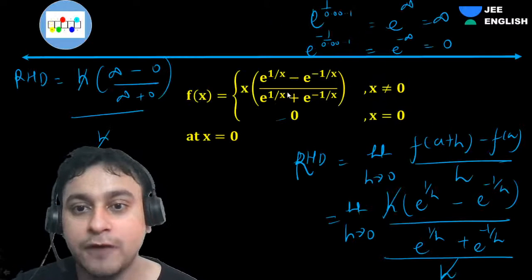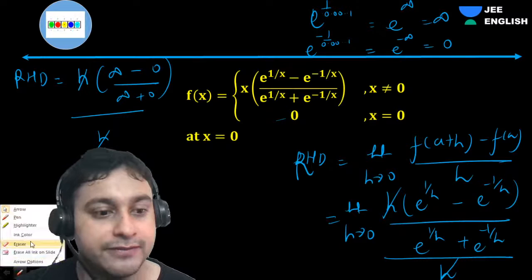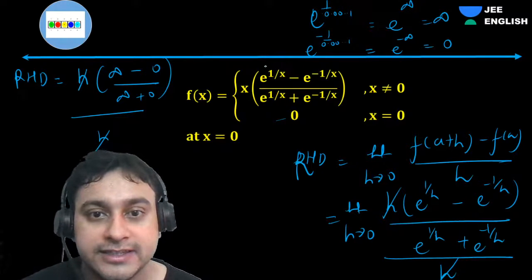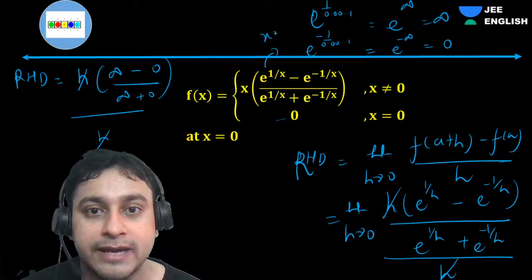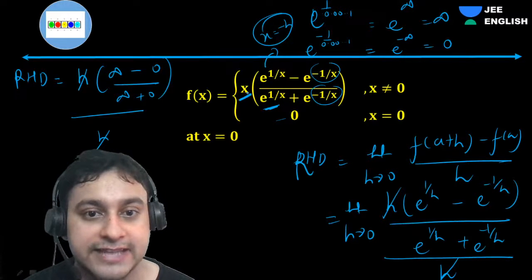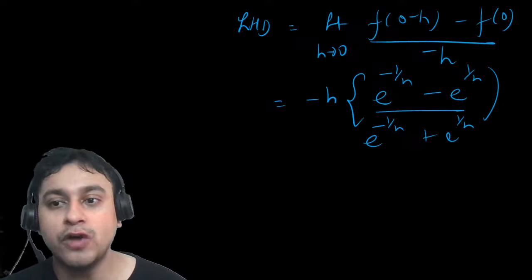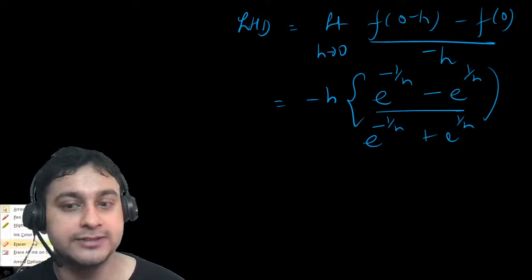Because in place of x you have to keep minus h, guys. So that's why this became negative. If you replace x by minus h, minus 1 by h, and that's why this became plus, and this became minus. That's why I replaced x by minus h. Understood? And overall, you have to divide by what, guys?